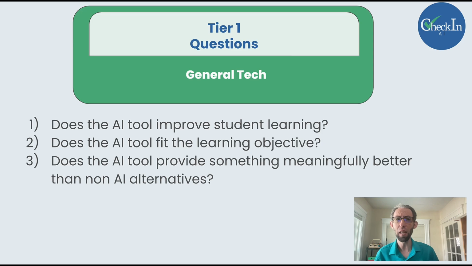It's important to think, is this offering a benefit that I could do without AI? Just like with other educational tech tools, we would say, is this technology offering a benefit over paper and pencil? Sometimes yes, sometimes no. You could do the same thing with paper and pencil, and the technology didn't really offer that much greater of a benefit and had some drawbacks.